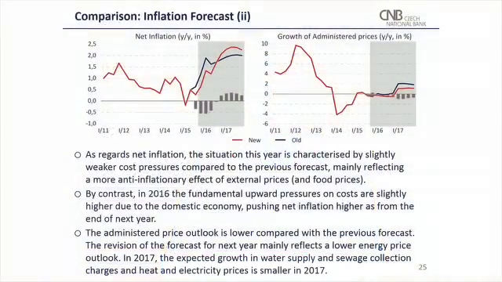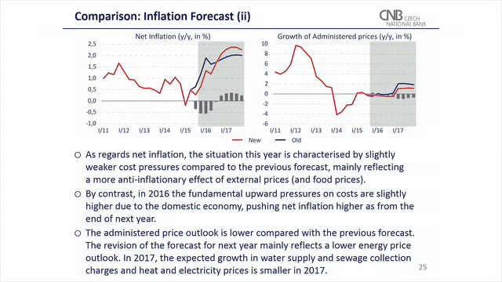As regards administered prices, we reduced the forecast on the whole horizon. In 2016, it reflects deeper decline in natural gas prices.